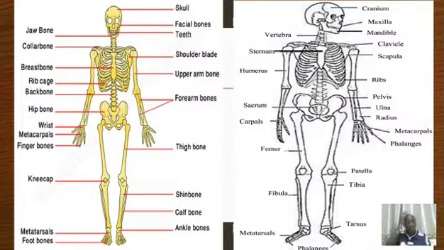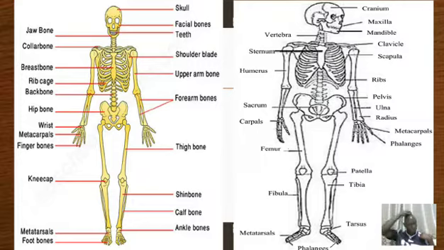Then from there, we have this bone here, which we call the clavicle, also called the collarbone. In some people, it's very prominent, running from one end to the other.